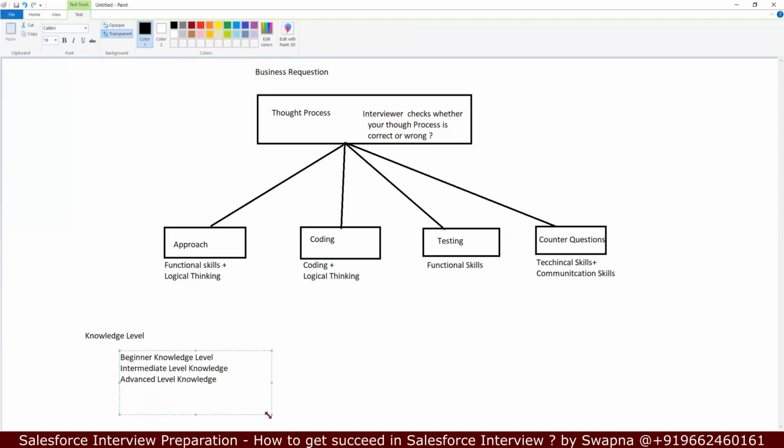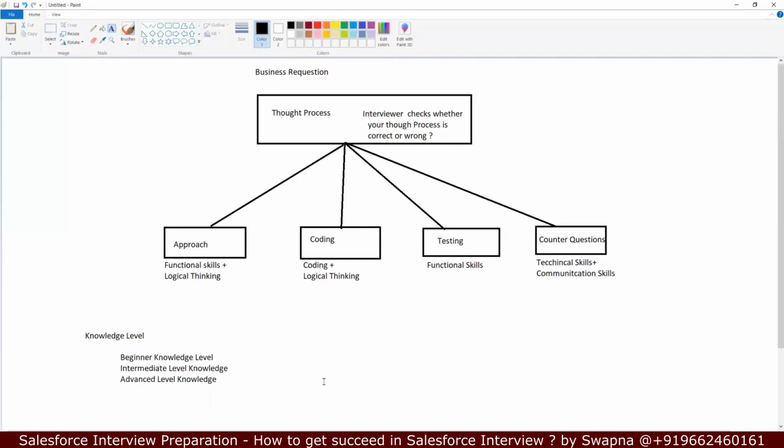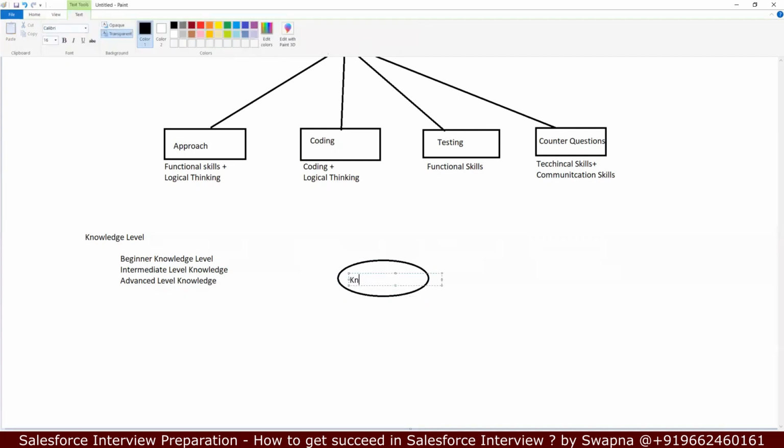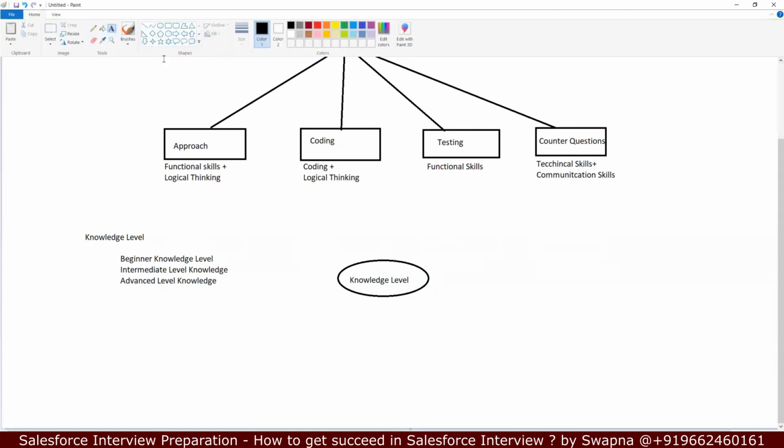So let's draw the picture and understand what beginner, intermediate, and advanced level knowledge is. The interviewer is going to focus on the knowledge level too: how much do I know?